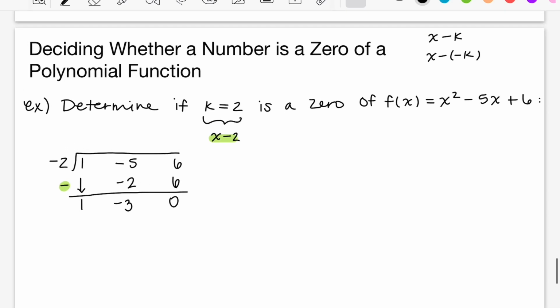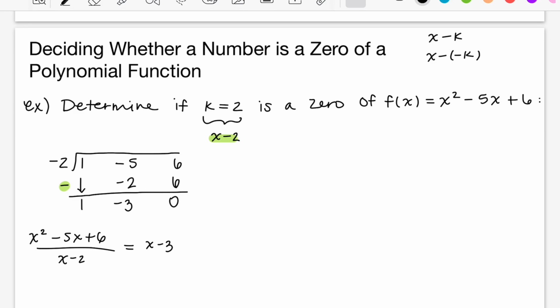This tells us our q of x here is going to be x minus 3. So our original polynomial here divided by x minus 2 is going to be equal to x minus 3. Right?